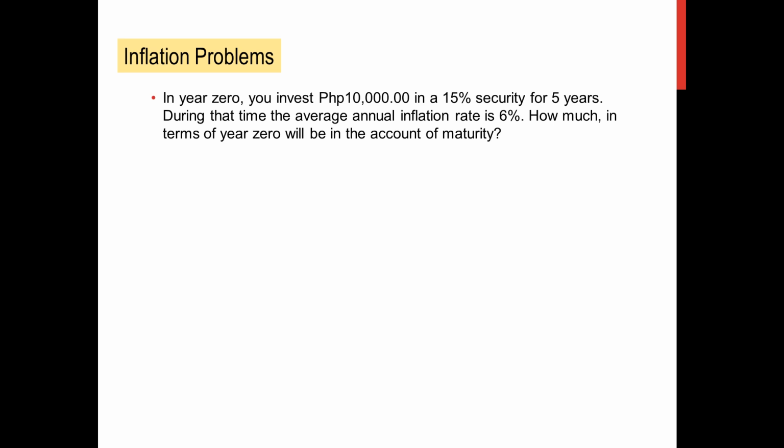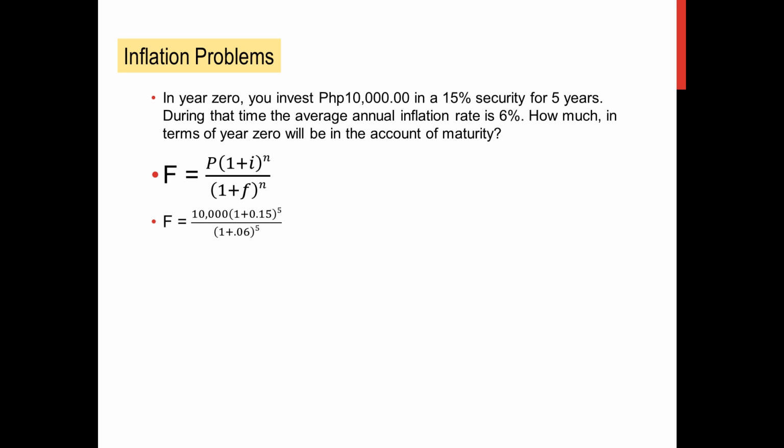So moving on to the next problem. In year 0, you invest 10,000 pesos in a 15% security for 5 years. During that time, the average annual inflation rate is 6%. How much in terms of year 0 pesos will be in the account at maturity? Since we have a compounding interest occurring while there is an inflation rate, we are going to use this formula. We'll just have to substitute.